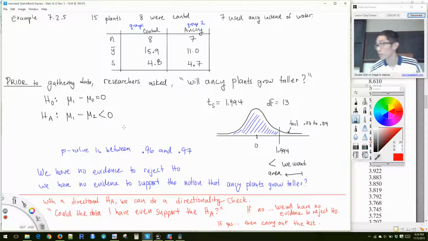And so you don't want to be dishonest. If you don't have an idea whether it should be greater or smaller, use a non-directional alternative. If you have a suspicion that it should be greater or smaller, then go ahead and use a directional alternative. But then if your suspicion turns out to be wrong, then you better say, oh, I'm not going to have evidence to support this alternative.